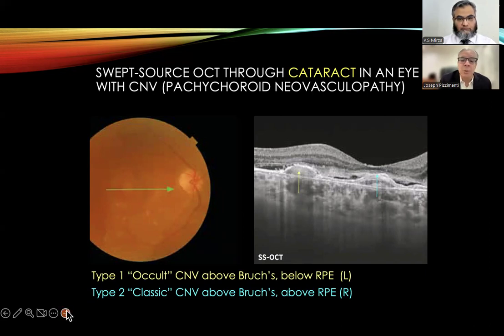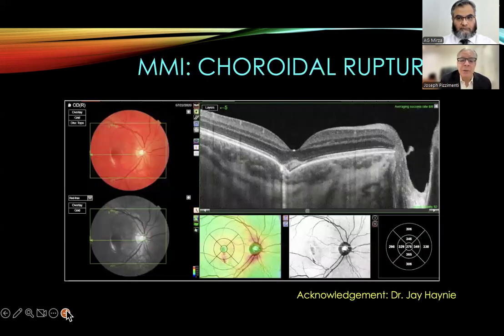So swept source OCT, another image here showing choroidal rupture, traumatic choroidal rupture. I'd like to thank Dr. Haney for sharing this image with me on multimodal imaging.